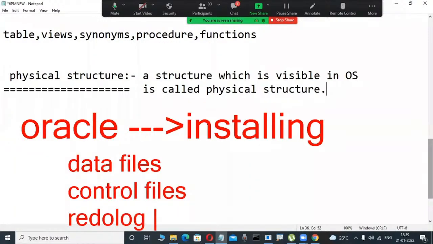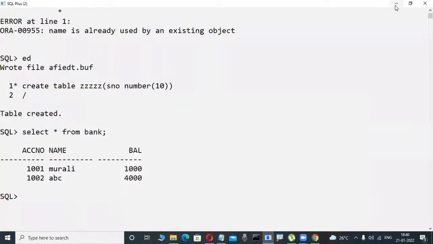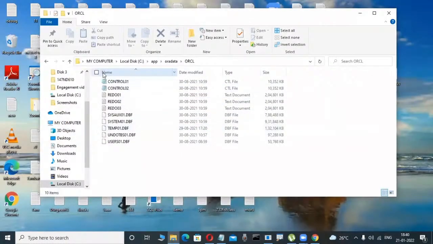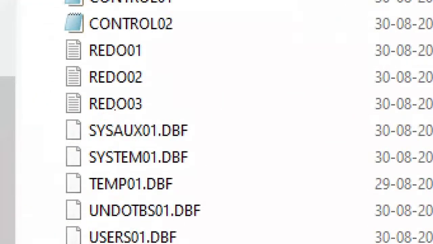You don't have an idea about these yet. In the future DBA concept, this is a rough introduction in our course. Observe here, whenever I'm installing Oracle software, some files are automatically created on the disk, in the C drive, D drive.